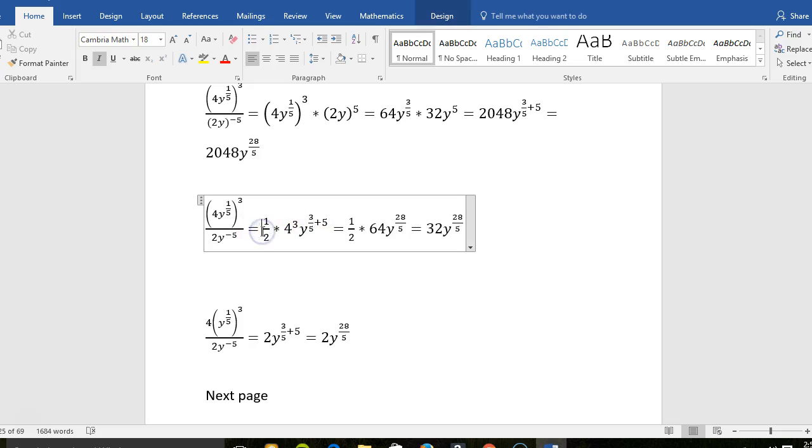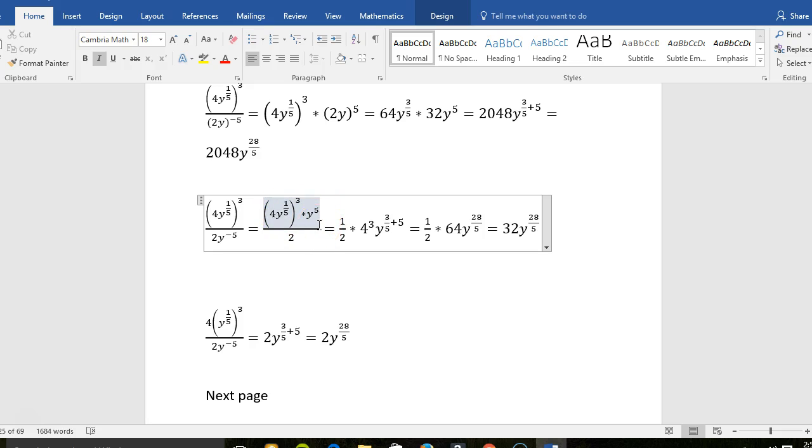So what's going on this time is the 2 stays down, and give me just a second to write all this out. So there's that. And then that y to the 5th is going to come up multiplicatively. The y to the -5 comes up as y to the +5, and it multiplies the original numerator right here.